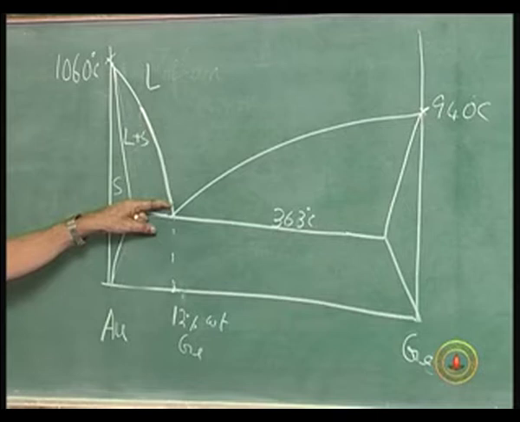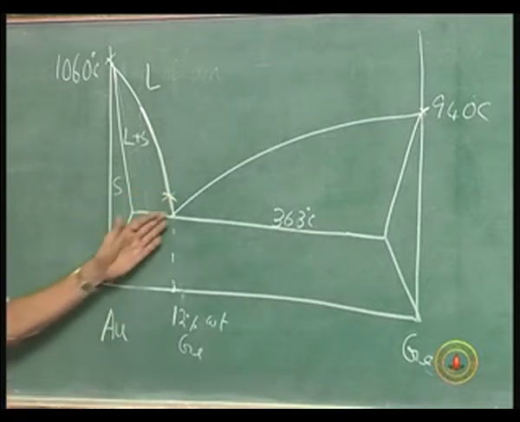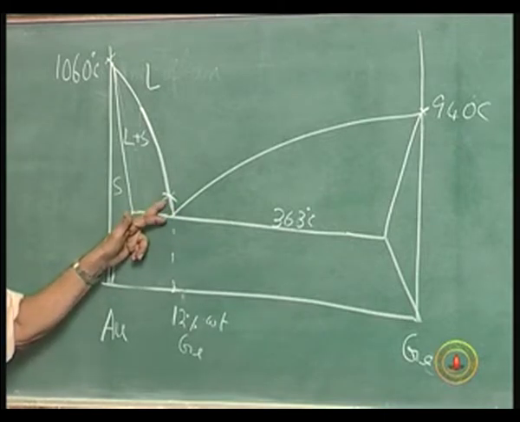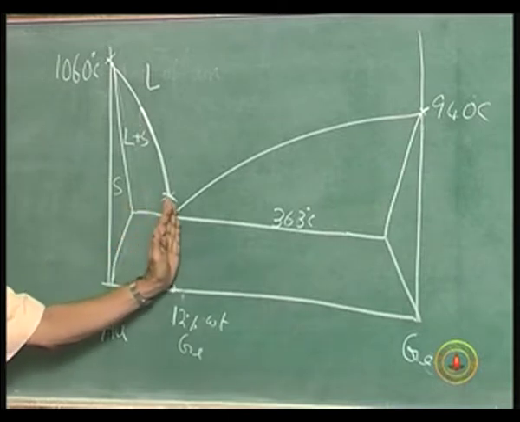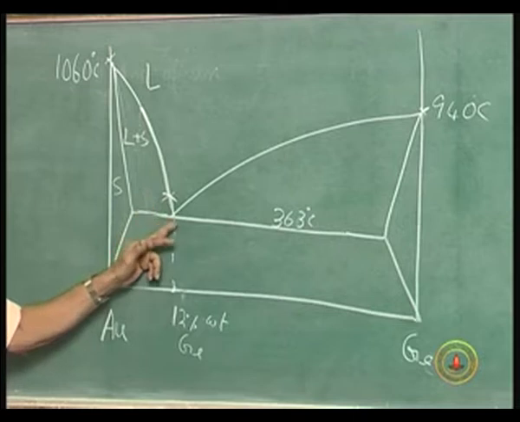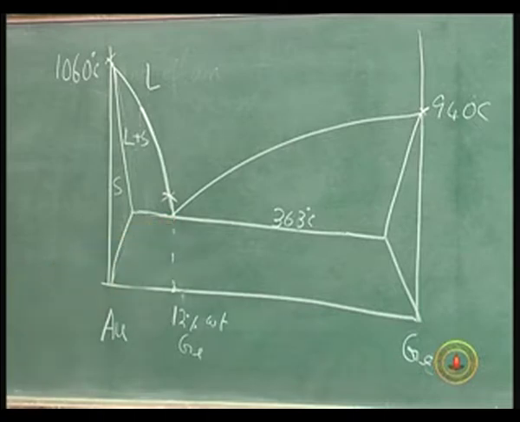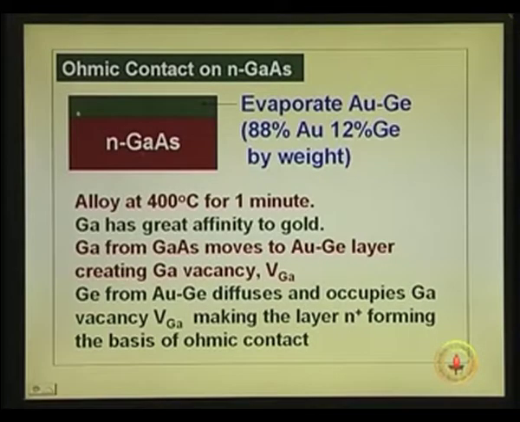If you go slightly more than that, you are going onto this point. Okay. I am filling this point because this becomes less gallium there, less germanium. Okay. Germanium concentration comes down here. What happens is, the gallium from the substrate moves up to the molten layer. This is the molten layer on the top. Okay. It moves onto this top layer, and from the top layer germanium moves down.